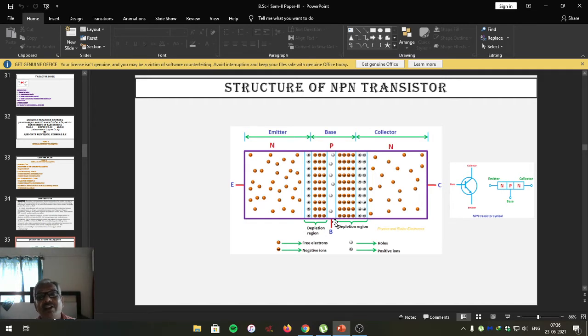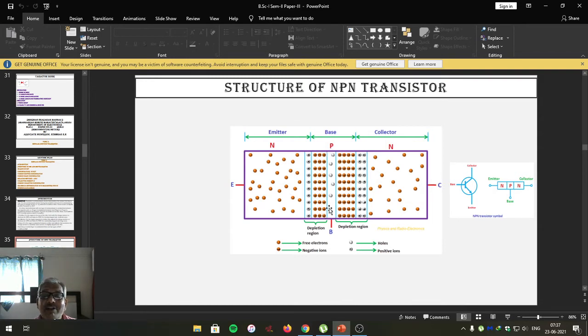We are well aware that N type of semiconductor contains the majority charge carriers as the electrons, whereas the minority charge carriers are the holes, along with some immobile ions. Whereas the P region makes use of positively charged carriers, that is holes, as the majority charge carriers, and electrons as the minority charge carriers, along with some immobile ions.